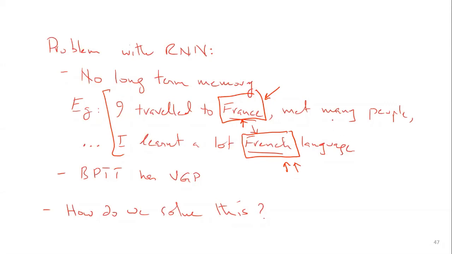Another example of this could be, for example, you started off by saying "a boy," right? A boy went to France and so on, and then somewhere in the middle, you change the gender, and you say that the boy met a girl or whatever.